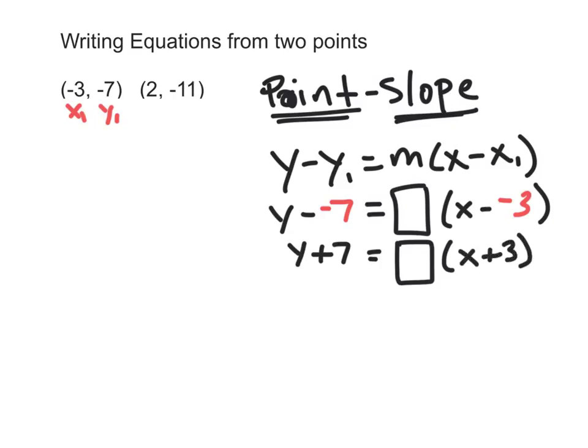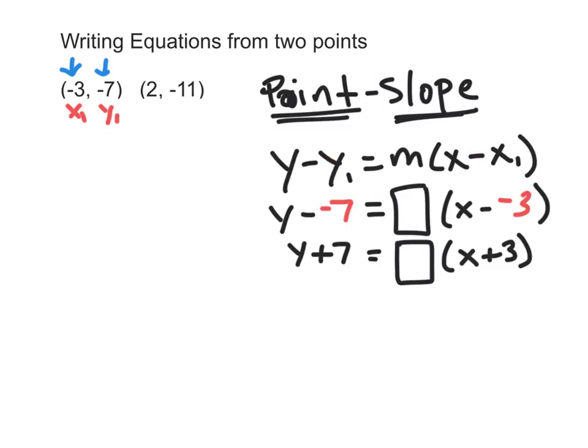You'll probably remember that if whichever one is negative, it'll show up positive here and here, because of the fact that the equation has a subtraction symbol here and here.